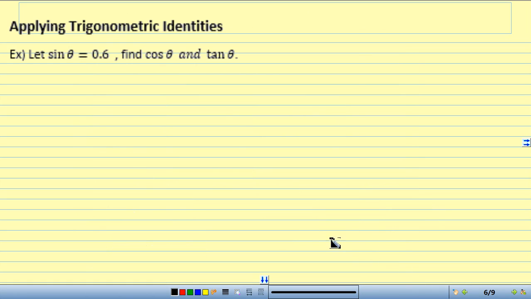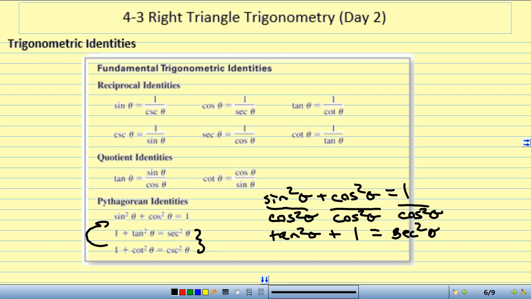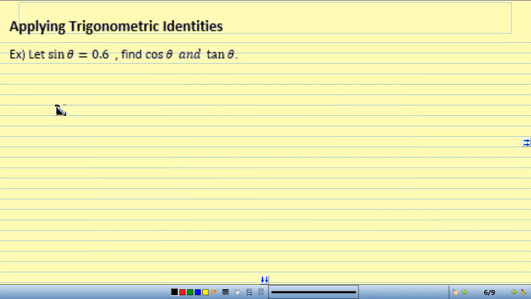It's pretty much that. So it's asking, let sine theta equal 0.6, find cosine theta and tangent theta. I'm assuming they want me to use the formulas here. So I'm just going to use sine squared theta plus cosine squared theta equals 1, and I'll be able to plug it in.